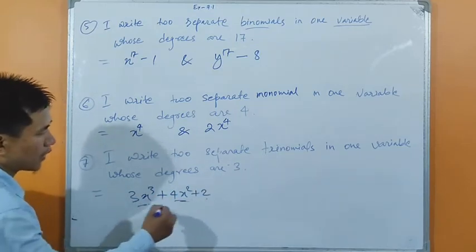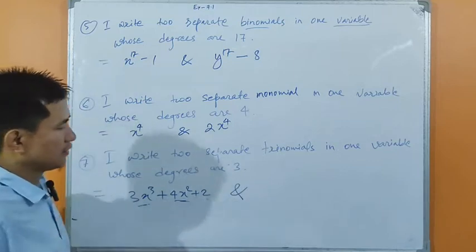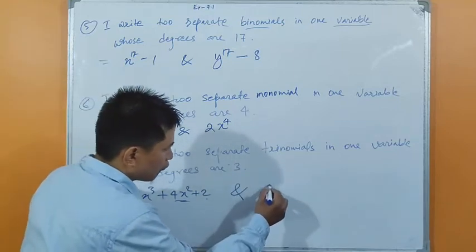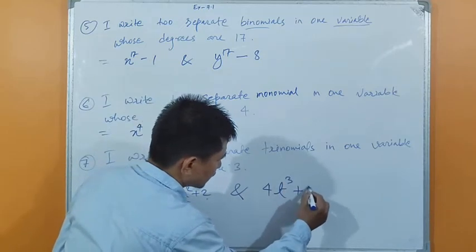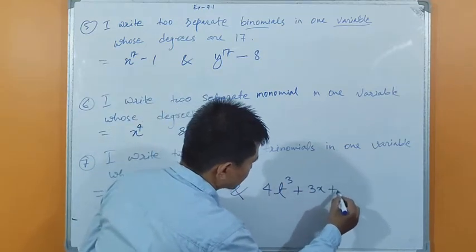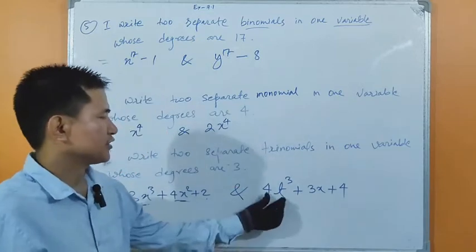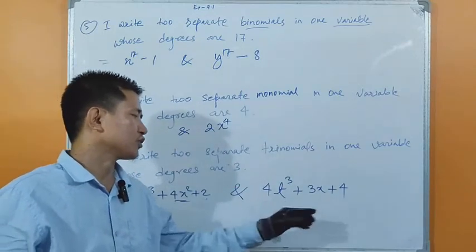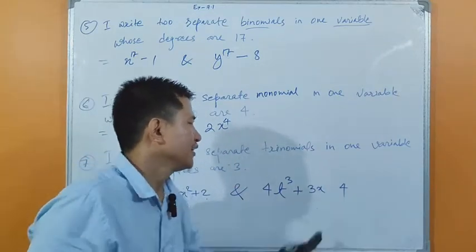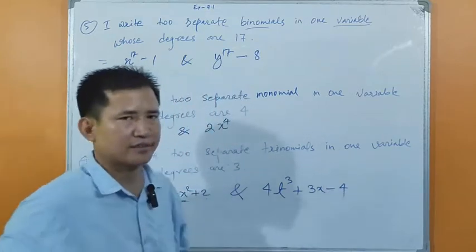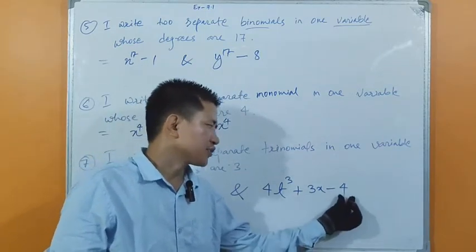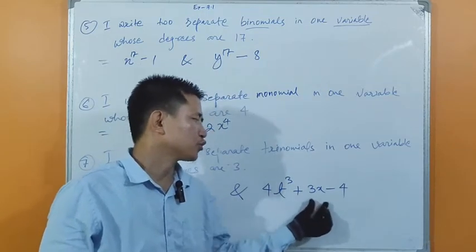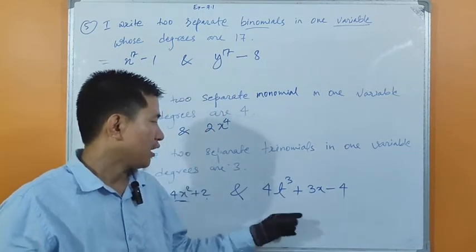This became one answer and another is, let us write 4t to the power 3 plus 3t plus 4. Okay? This is also a trinomial because it has 3 terms. Let us write minus here. You can write anything, plus or minus. This is one term, this is another term, this is another term. These are 3 terms, so this is a trinomial.